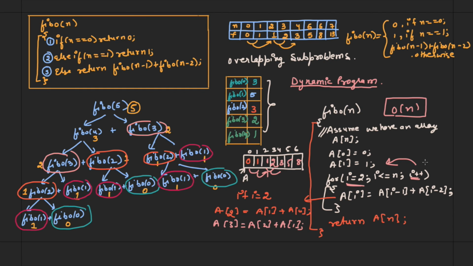We can still minimize it, finding the Fibonacci number in order of 1 space and order of n time. Right now the main purpose is to minimize these many recursive calls.